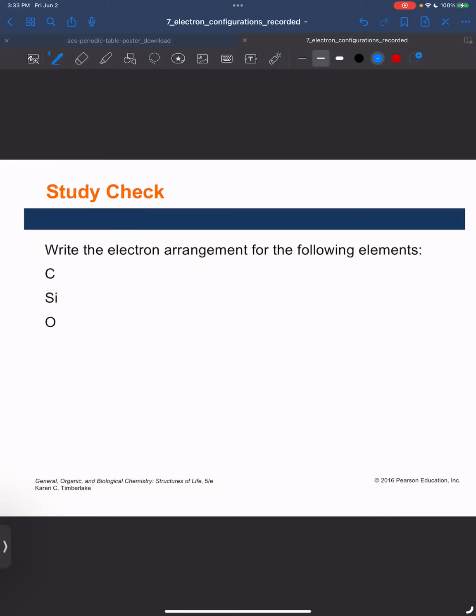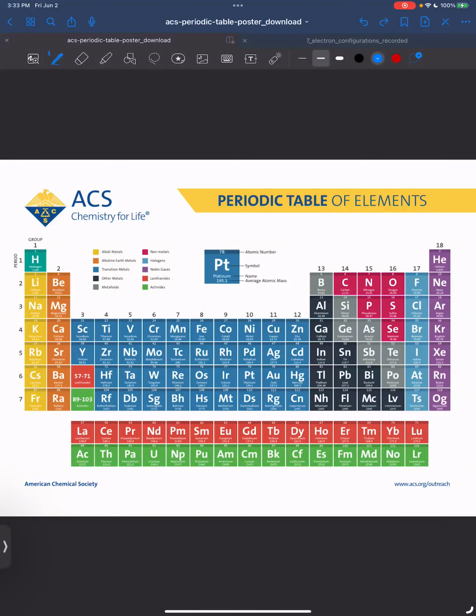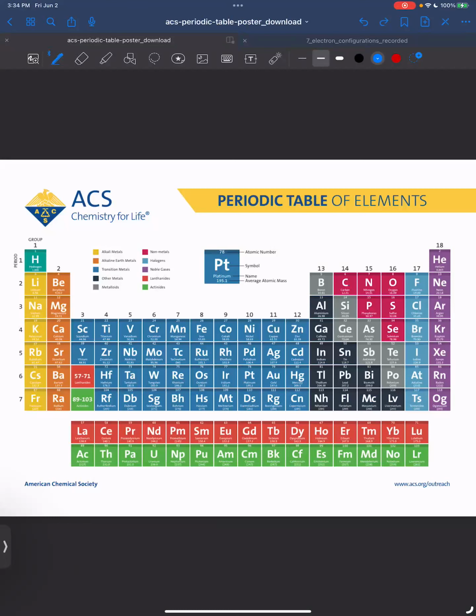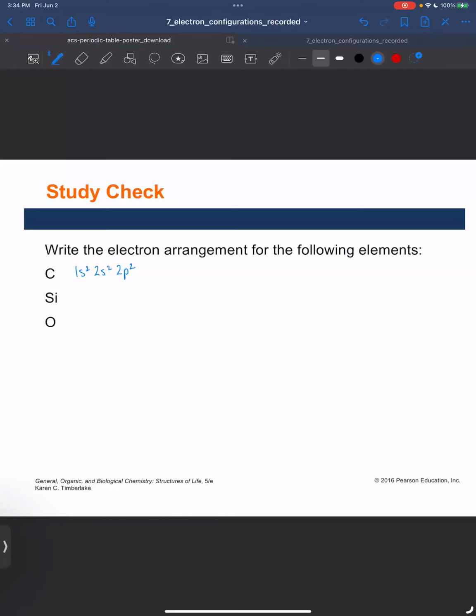Okie dokie, so let's start with my favorite element, carbon. 1s2, 2s2, 2p2, good. So let's write 1s2, 2s2, 2p2. And if we wanted to do the abbreviated for carbon, it would be helium, which is 1s2. So the abbreviated would be helium, and then whatever's left over, 2s2, 2p2.